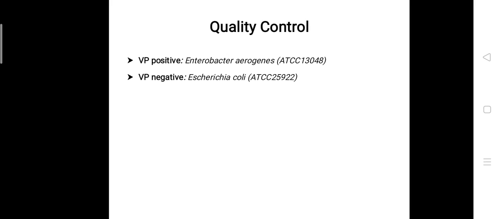Reversal of the order may result in a weak positive reaction or a false negative interpretation. Also, this MRVP testing should be used in conjunction with other confirmatory tests to differentiate organisms among the Enterobacteriaceae. So this is all about the VP test.